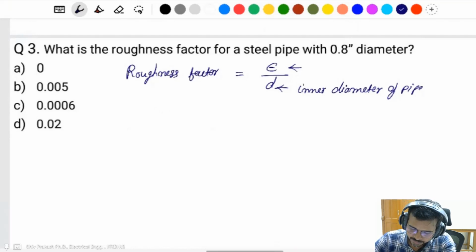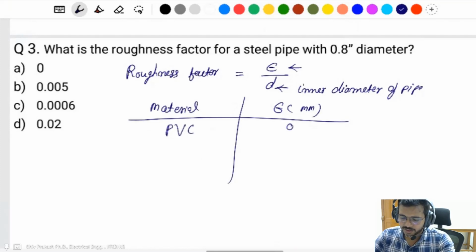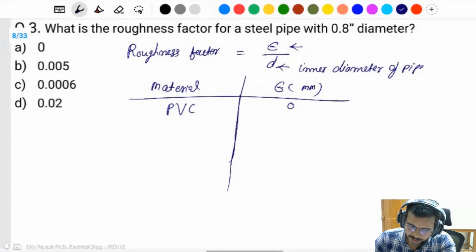Like you take this table, written here for some materials, epsilon in mm. For PVC it will be 0. There is no roughness there. But steel still has some, 0.1 mm.